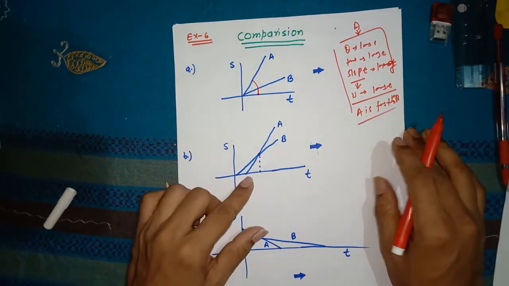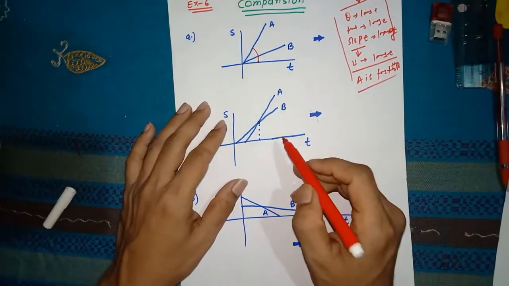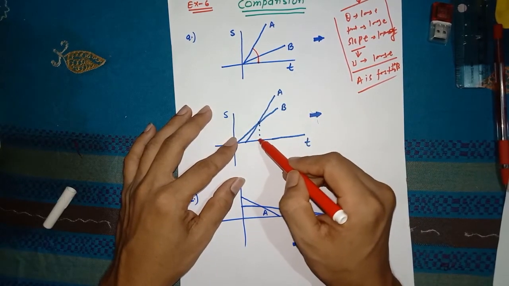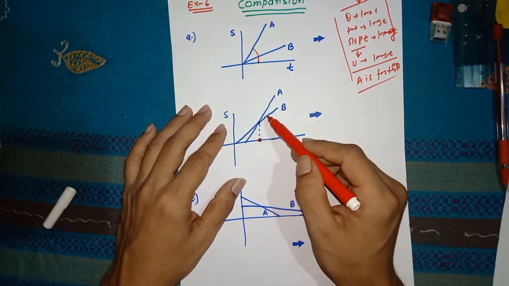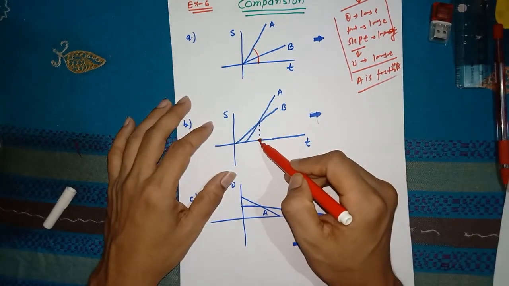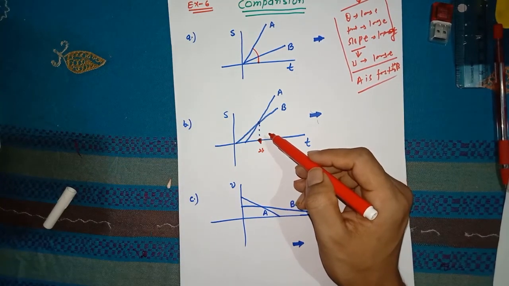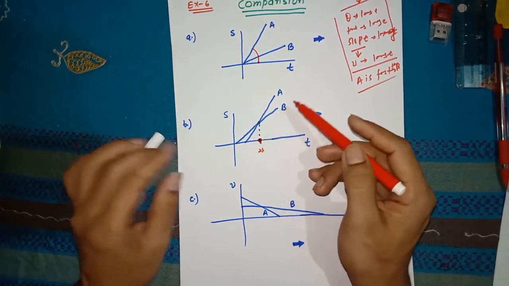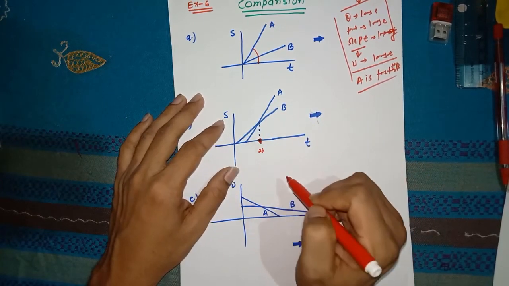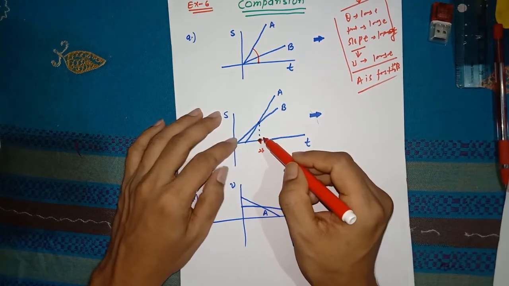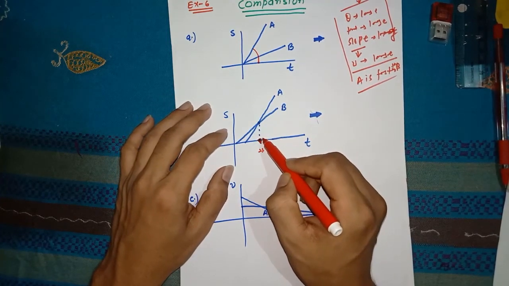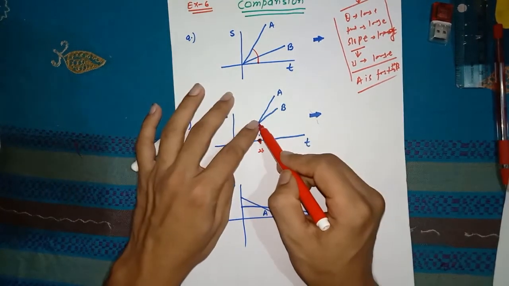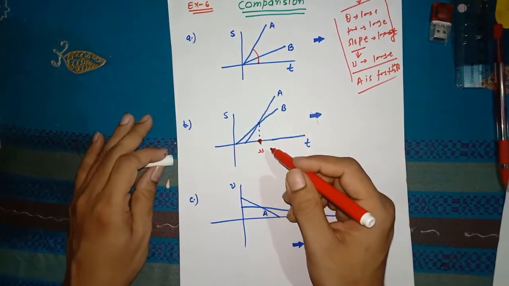Now in the same way, I can see that for the motion of bodies A and B, at this point the displacement is the same for both bodies at this time. Let's say it is 2 seconds. After 2 seconds, the same displacement is covered by bodies A and B, but before this 2 seconds, body B covers the displacement, and body A covered the displacement at a different rate, and after 2 seconds it also covers the displacement at a different rate.